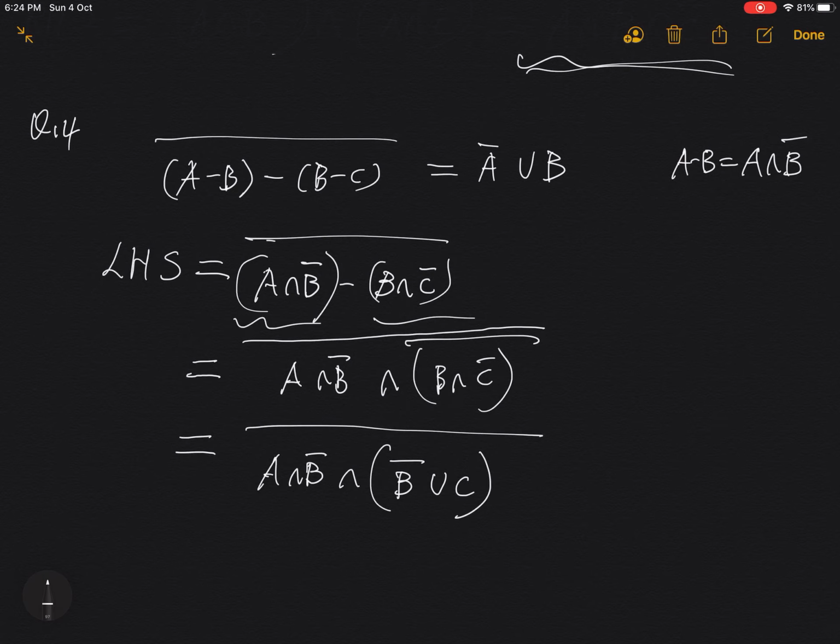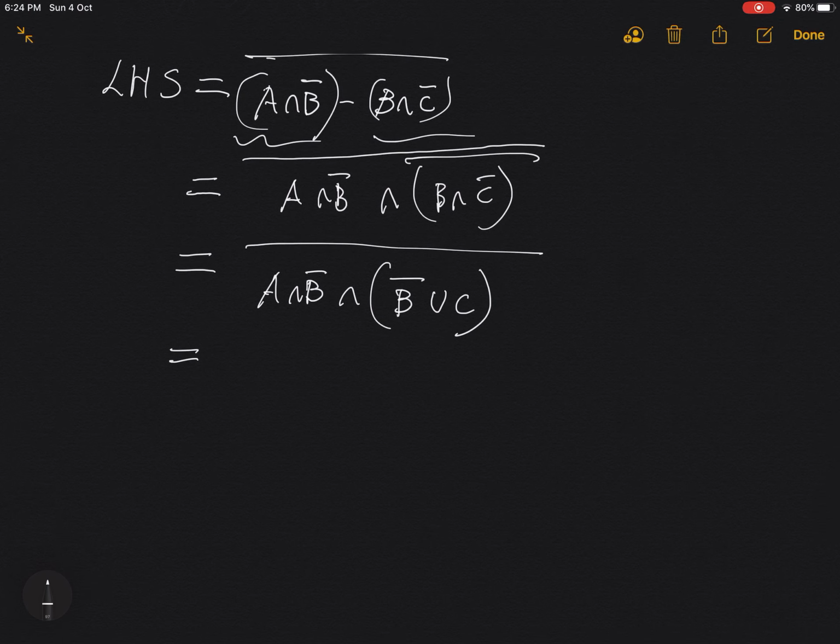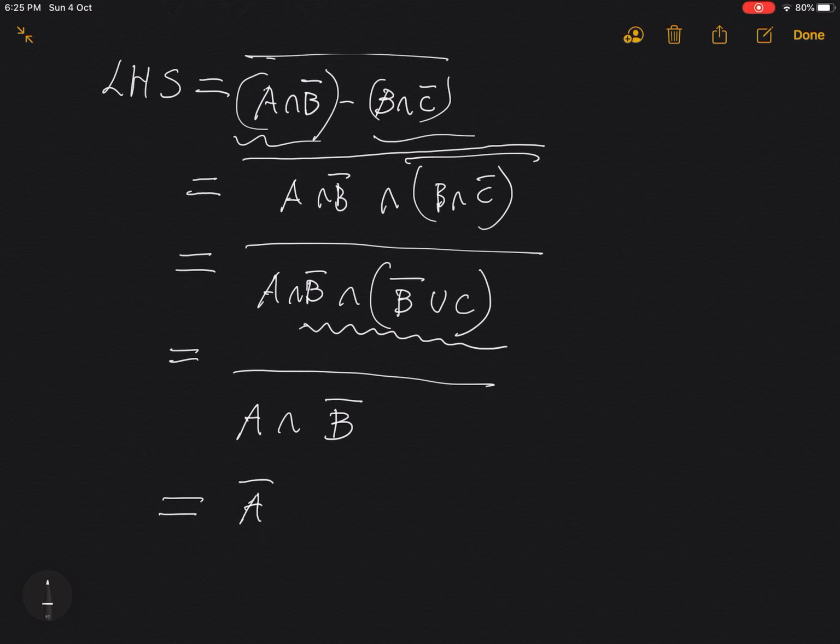Okay. As for the underlying part, we can just get the complement of B. And then a key point, De Morgan's law again, complement of A or B. And we found this is the right hand side.